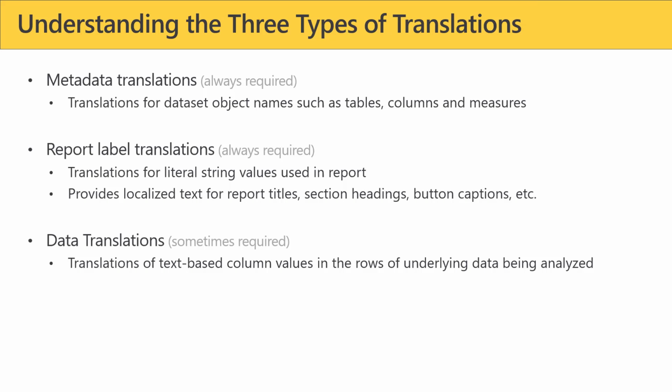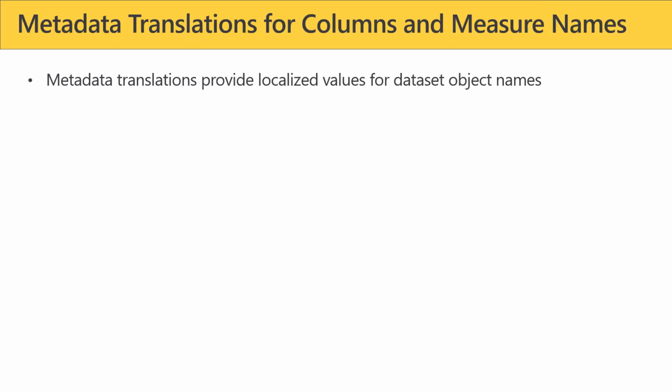So what we'll see is that data translations are the hardest thing to implement. And you have to decide whether your project requires them or not. More on this later. Now that you know about the 3 different types of translations, let's look at examples of each one just to give you a little bit more context.